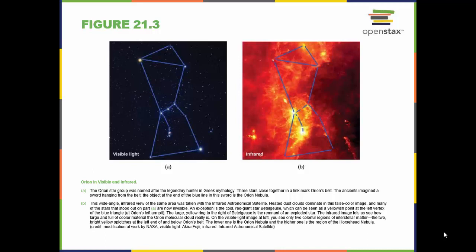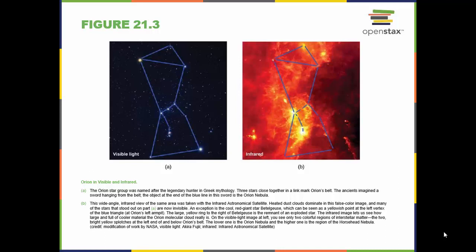This picture A was taken with visible light. If we look at B, this is an infrared image, so in essence showing the heat, if you will. This wide-angle infrared view of the same area was taken with an infrared astronomical satellite.